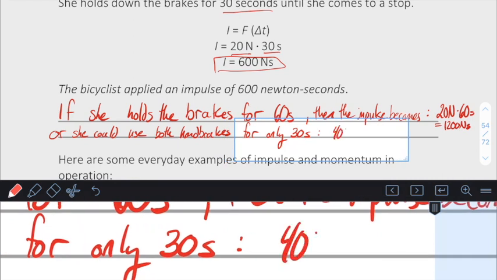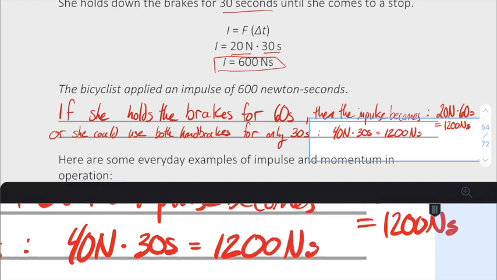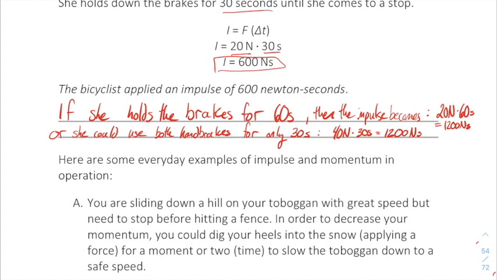So she'd have 40 newtons times the 30 seconds. And she would equally increase her impulse to 1200 newton seconds. So it doesn't matter if you increase the force or you increase the time, both are going to have an effect on the overall impulse.